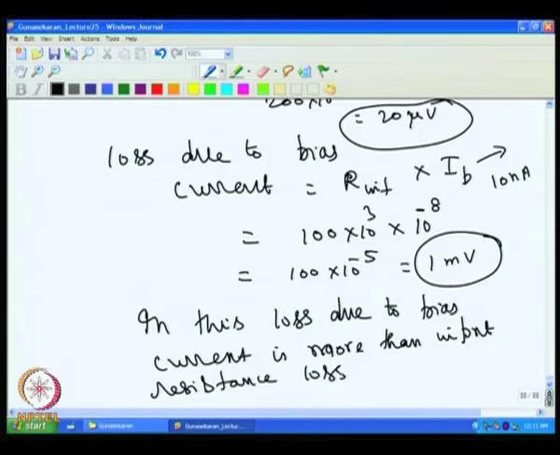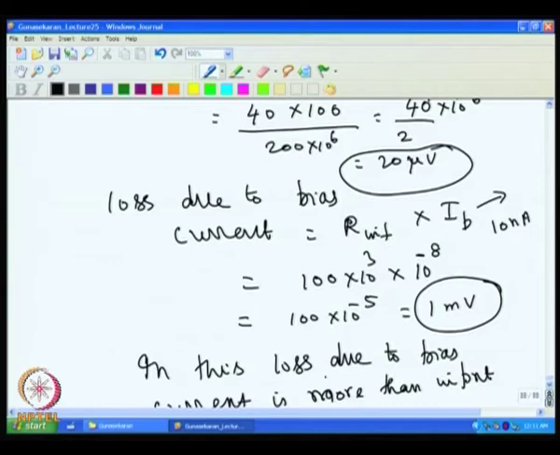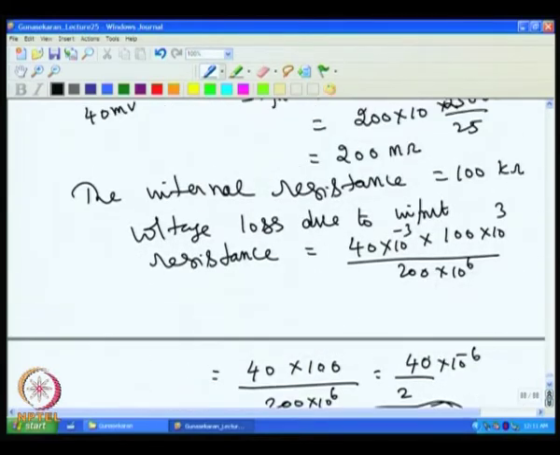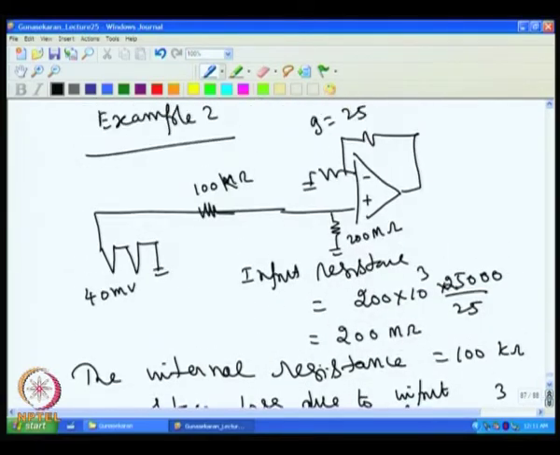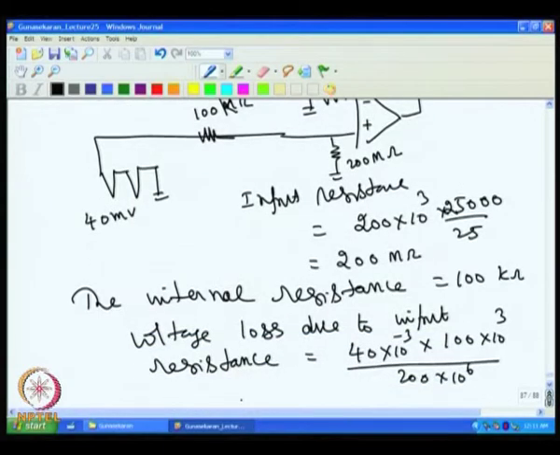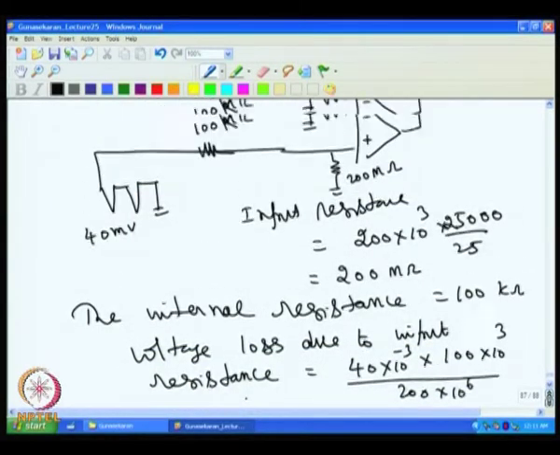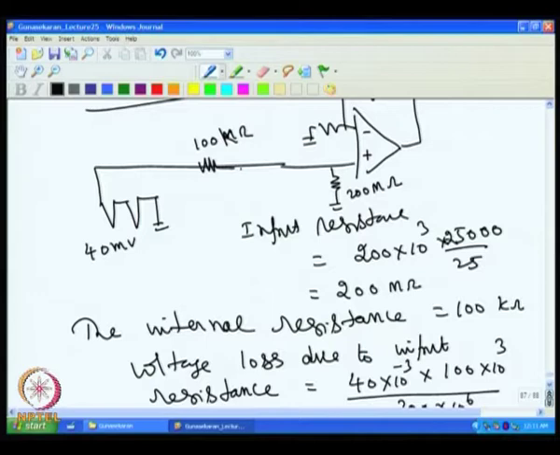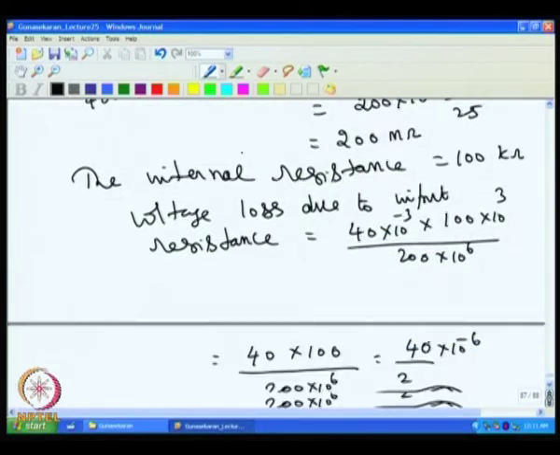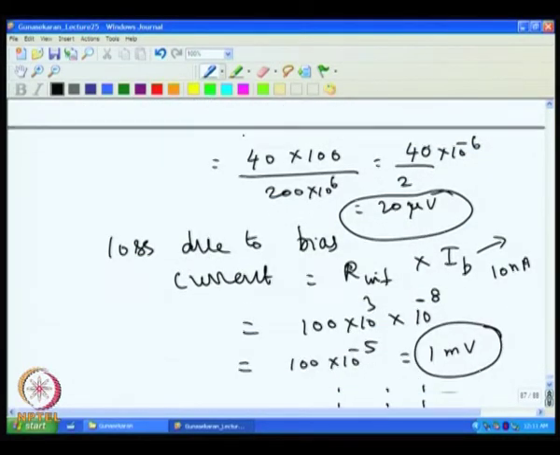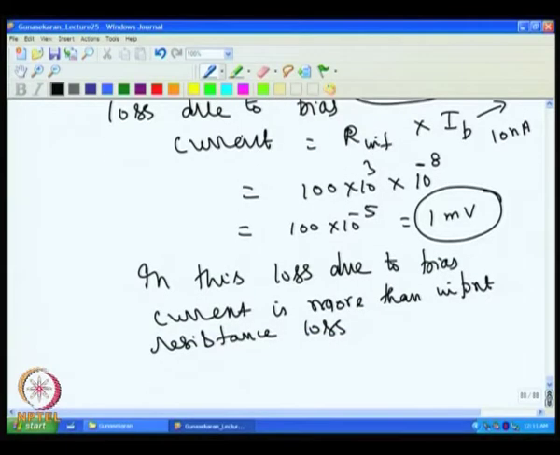So, in that case I have to go for a low bias current op amp rather than a high input resistance op amp, because only then will it make sense. In this case the resistance we used is 100 kilo ohm, used for protection purposes. So, that will drop too much voltage due to the bias current.